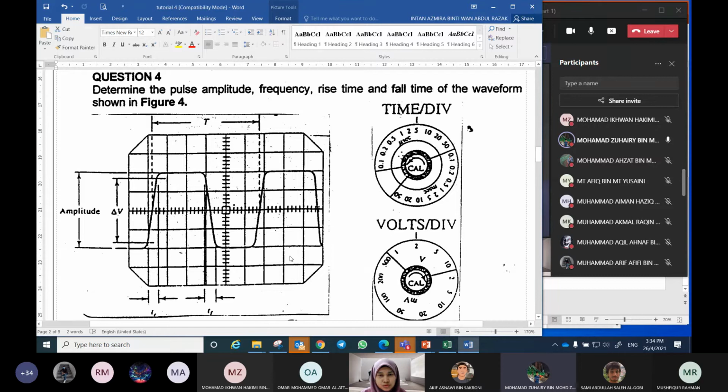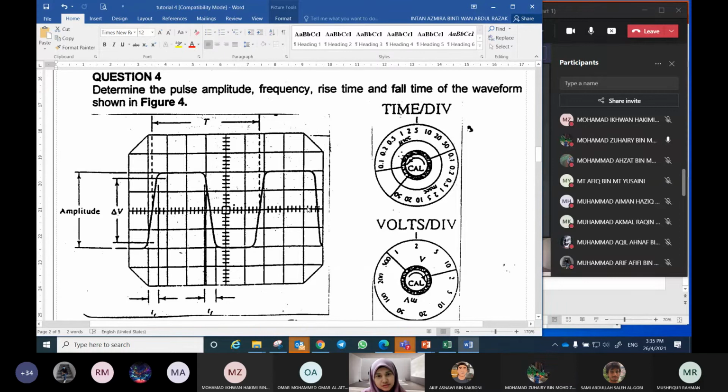Voltage I got 4. Peak voltage or peak to peak? Peak voltage. Peak to peak.